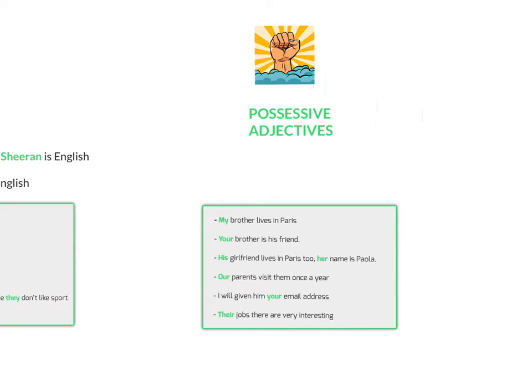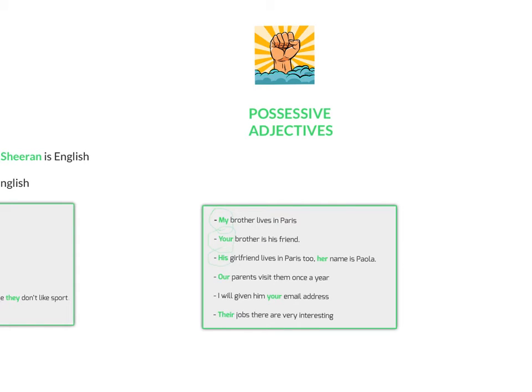Here you've got some examples. My brother lives in Paris. It means that it's my brother. It's me who has a brother. In the second example, your brother is his friend. It means that it's your brother, not my brother, who is his friend.